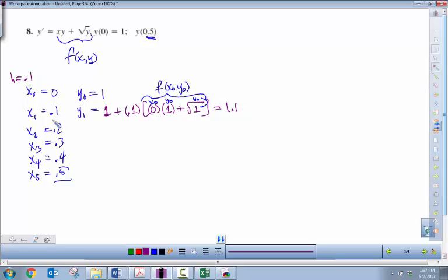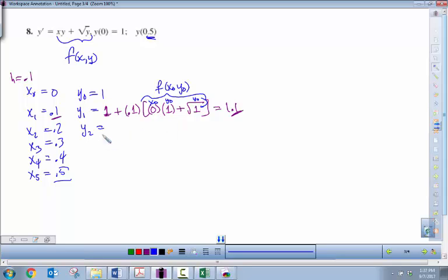All right, so now my y1 and my x1 are given, so I have to look at my x1 here. x1 is 0.1 from our step, and then we go to y2.